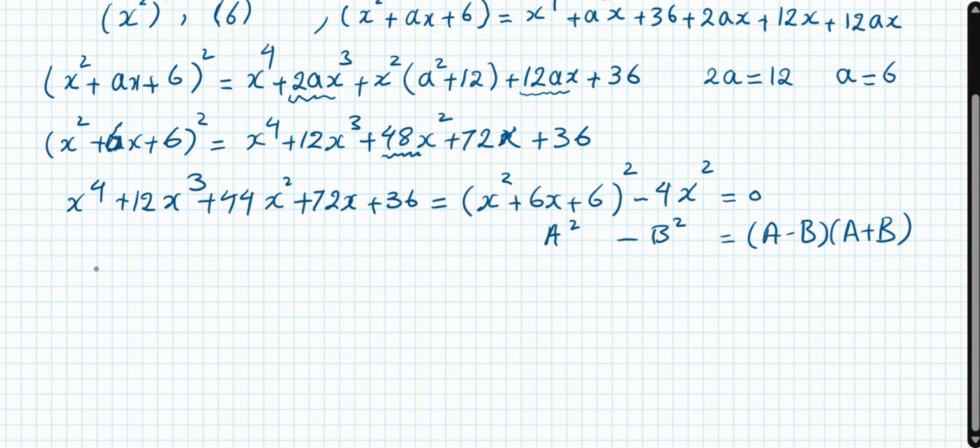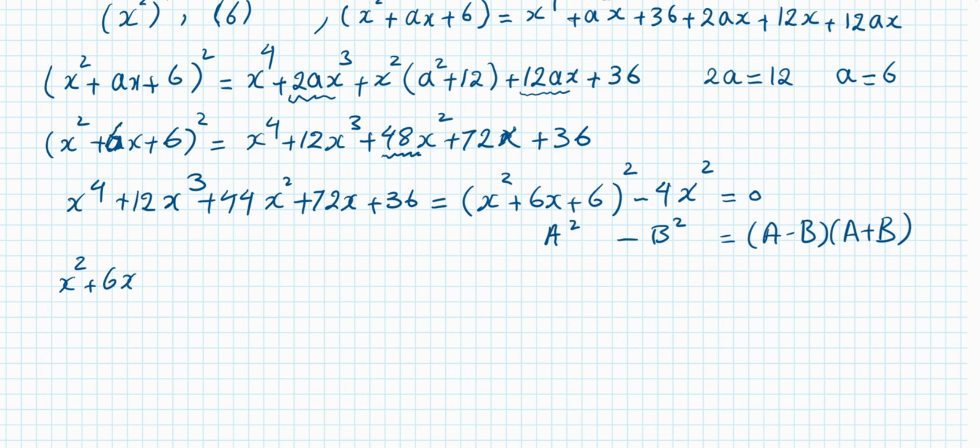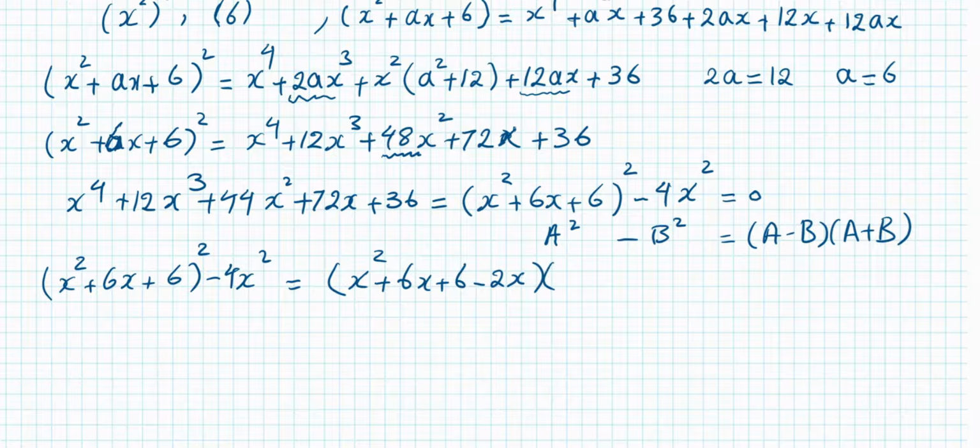So our problem here would be converted from x squared plus 6x plus 6 squared minus 4x squared into x squared plus 6x plus 6 minus 2x times x squared plus 6x plus 6 plus 2x. And that has to be equal to 0.